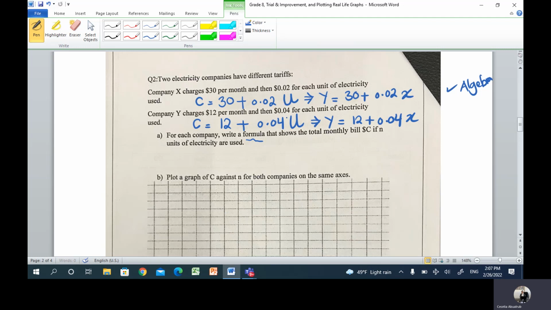We put U instead of N, which is perfectly okay. The second skill which you learned throughout the years is to draw a graph of a straight line. How would I know that it's a straight line? The power of Y as well as X is 1, so it is a graph of a straight line.